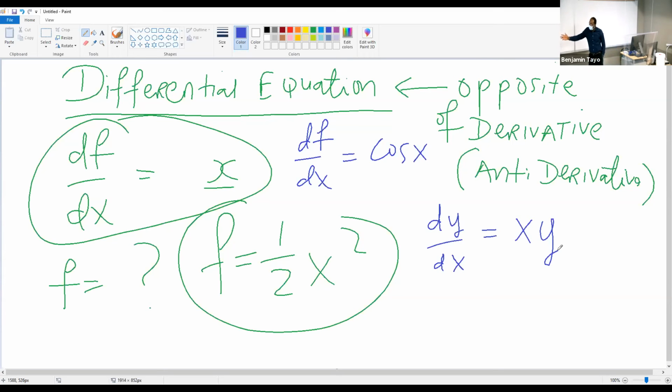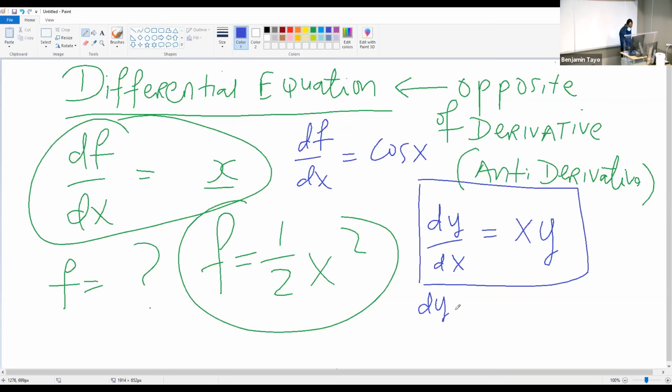When you have something like this, it's a little bit complicated to guess what the function is. So the way you're going to do this is that you're going to use a method that is called separation of variables. So you write this as dy over y is equals to x dx, like that.